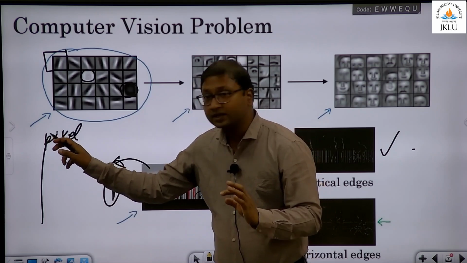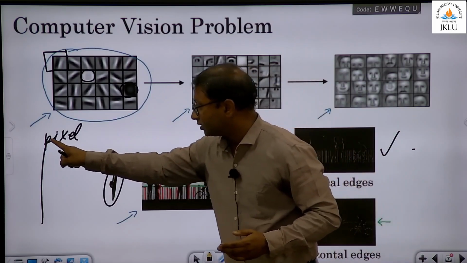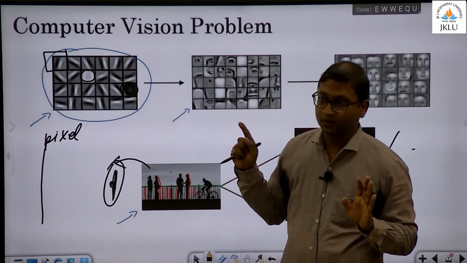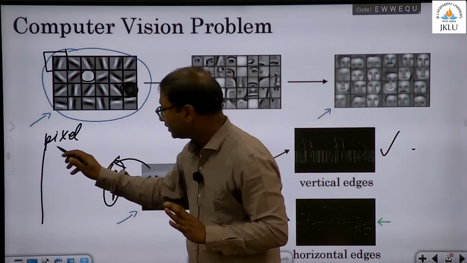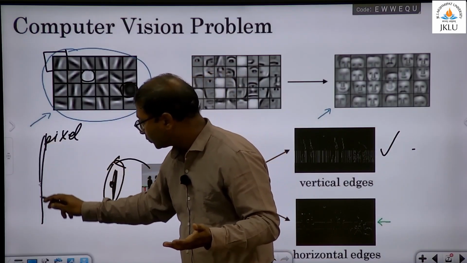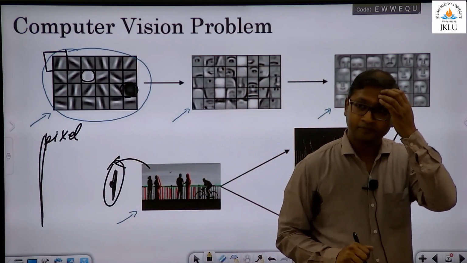If you directly try to answer high level questions about this image just by looking at pixels, it becomes difficult, right? So remember when I was saying you should not have the input layer and then directly the output layer.